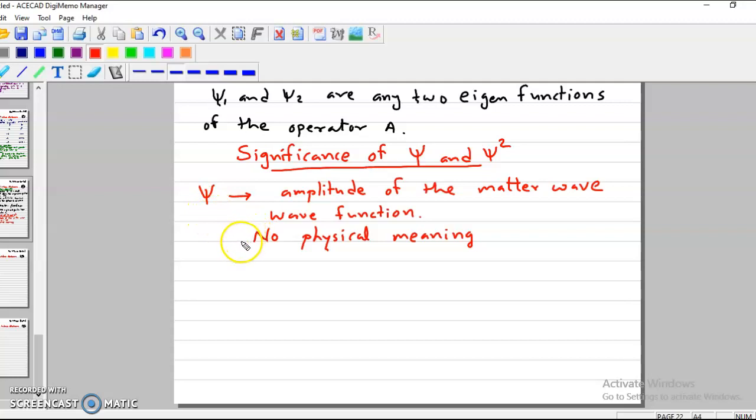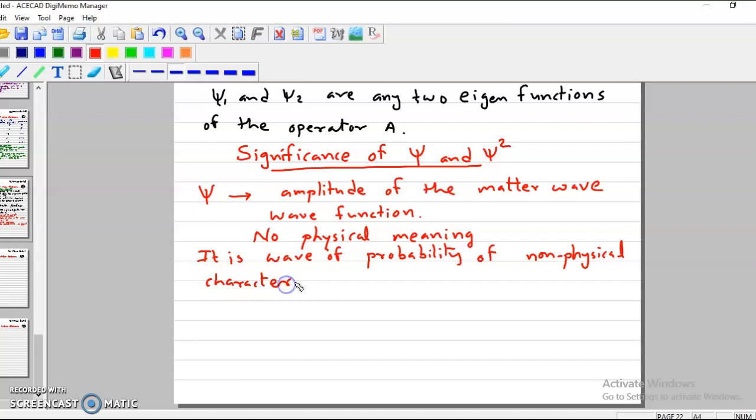What we know about this is that it is a wave of probability of non-physical character, and it is absolutely meaningless.